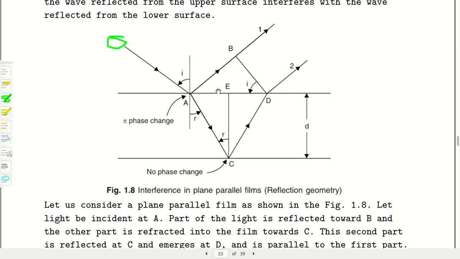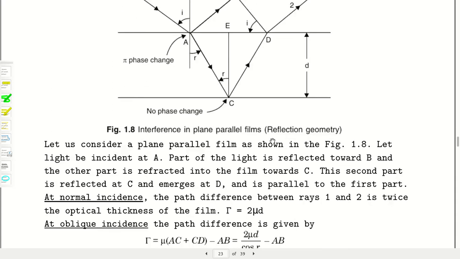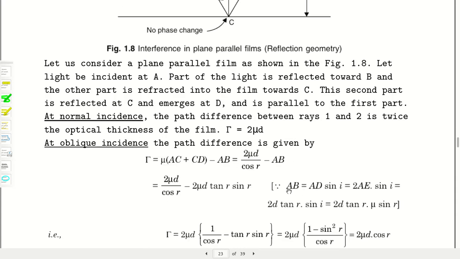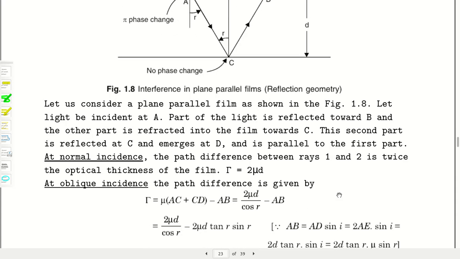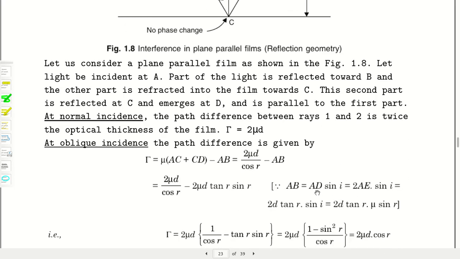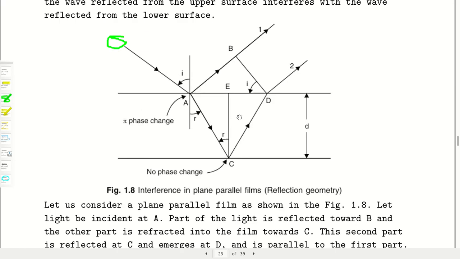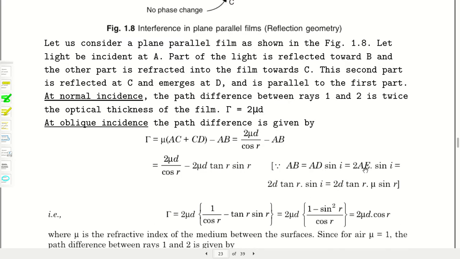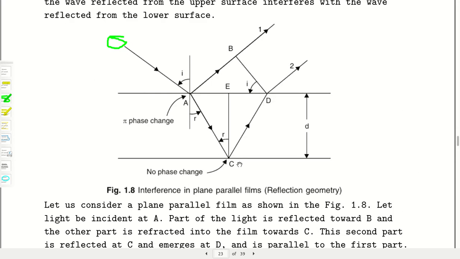Now AB, how can you measure AB? AB can again be written in terms of AD. See, it is done here. AB is equal to AD into sin i. And again, in place of AD, you can put twice of AE. So twice of AE into sin i. Now what is AE?